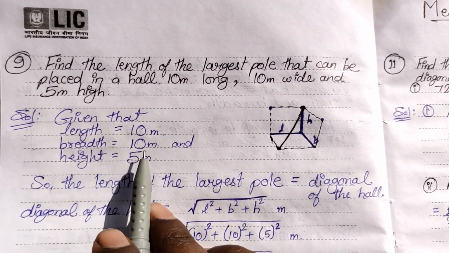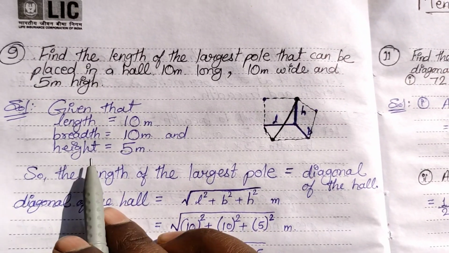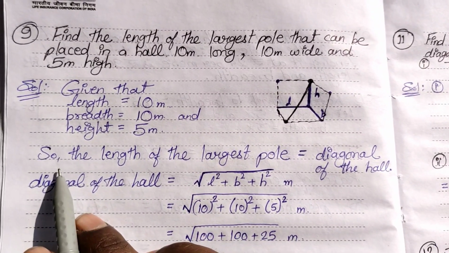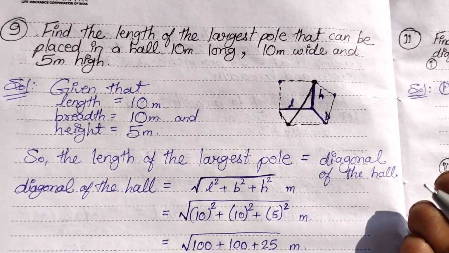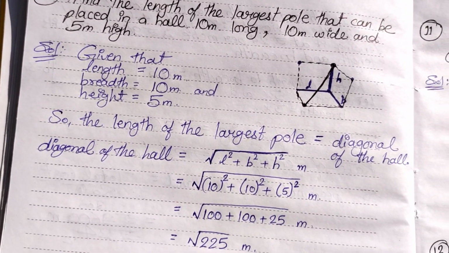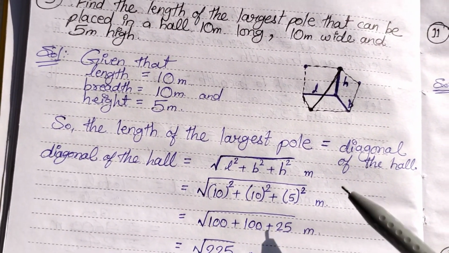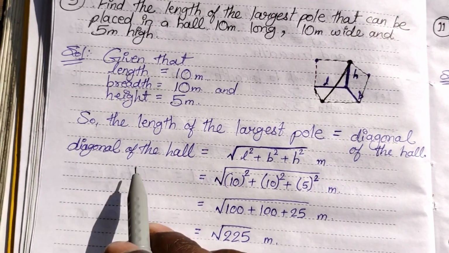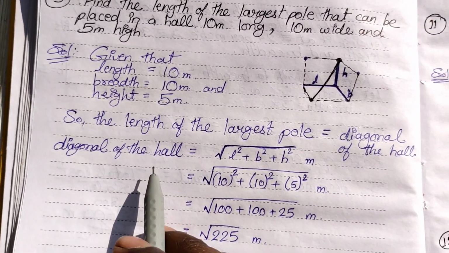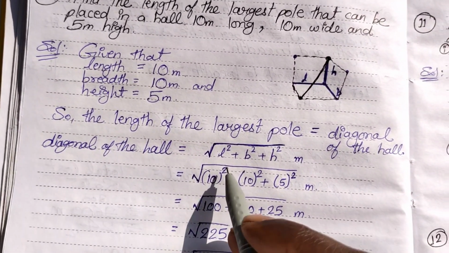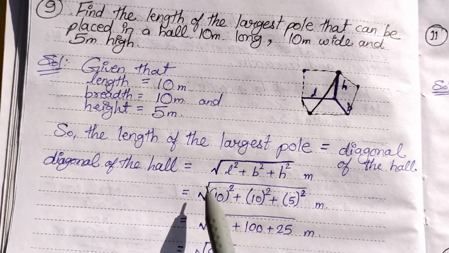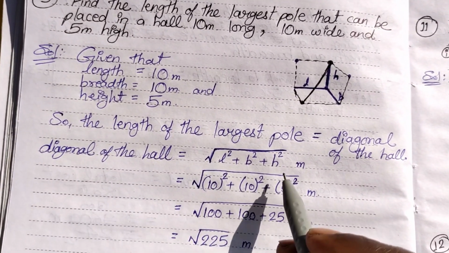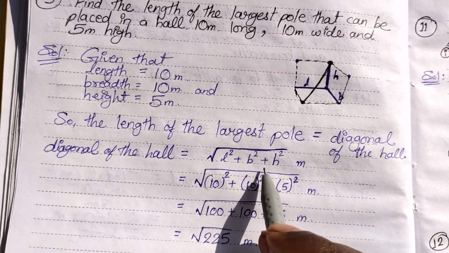Given that length is 10 meter, breadth is 10 meter and height is 5 meter. So the length of the largest pole is equal to the diagonal of the hall. Ultimately, the diagonal is the highest length in any given figure. We know that the diagonal is equal to under root length square plus breadth square. But if height is also given, then add the square of height.